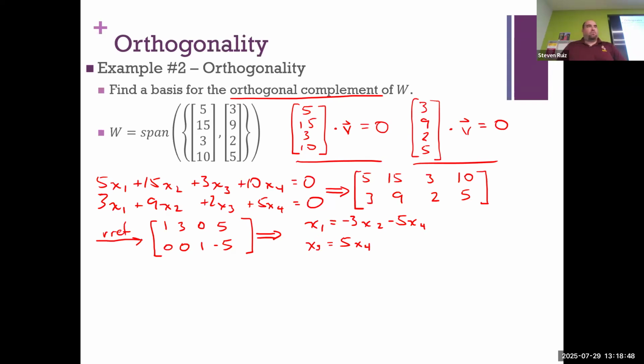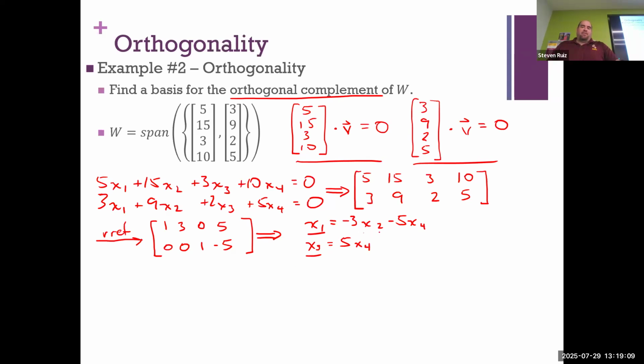So how many parameters do we need? 2. So the pivots are going to give you your lead variables. We got 2 of those, which means all the other ones are free. And there are 4 total variables.